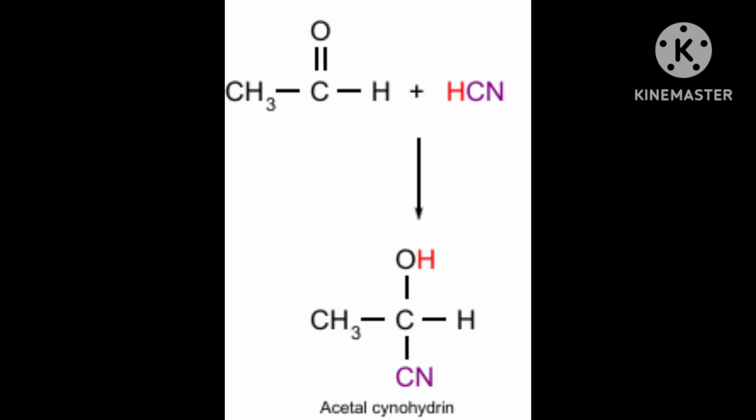Without base the reaction will also take place, but slowly; if you use the base, the reaction will go fast. The generated cyanide ion, being a stronger nucleophile, readily adds to the carbonyl compound to yield the corresponding cyanohydrin. Cyanohydrins are useful synthetic intermediates.